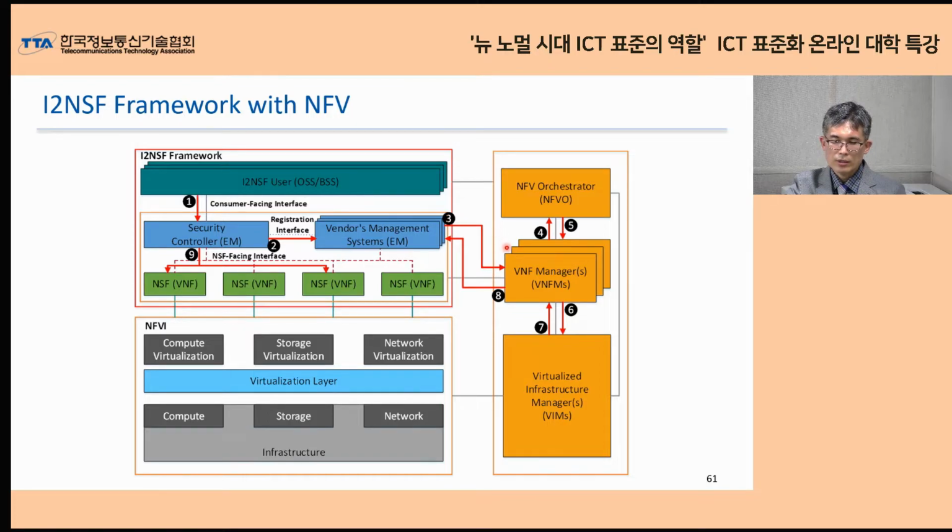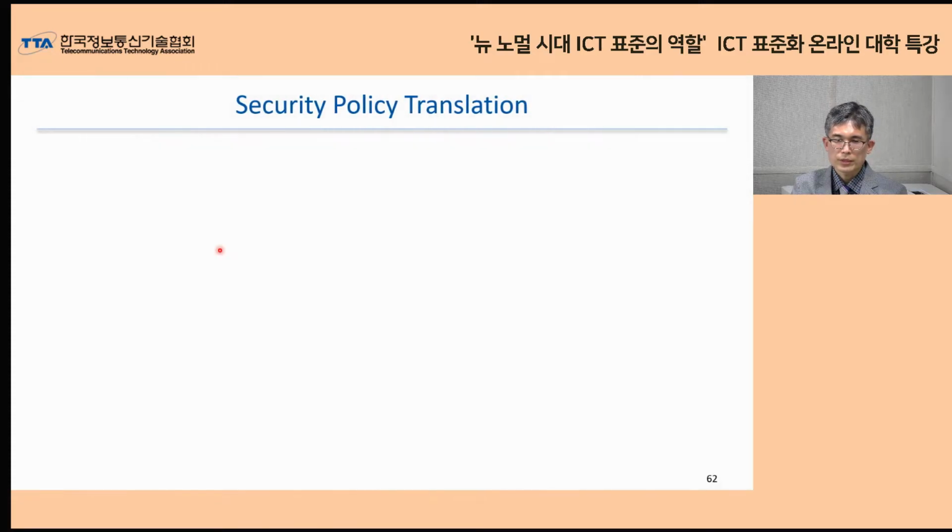The vendor management system instantiates the appropriate NSF by interacting with the management system on the right-hand side, and then the NSF is launched. Then the access information and capability are delivered to the security controller. The security controller configures the low-level policy to enforce the required security service.